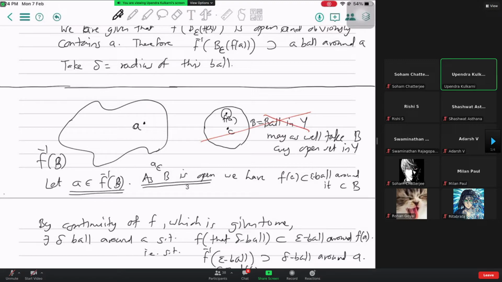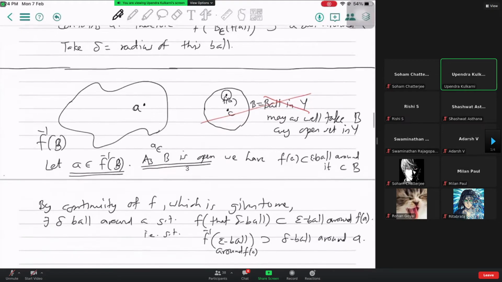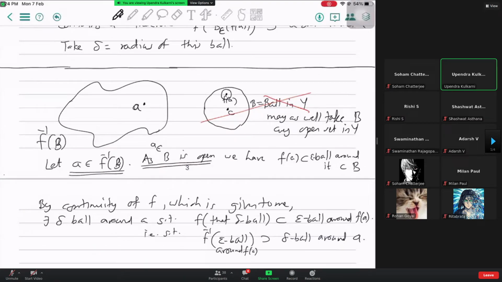Because you see, f inverse of that epsilon ball around f of A is something that is contained in f inverse of B, no?